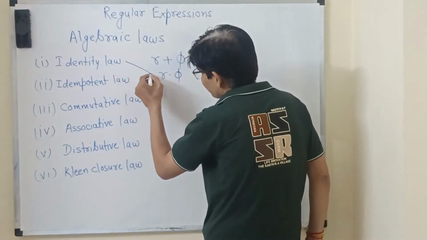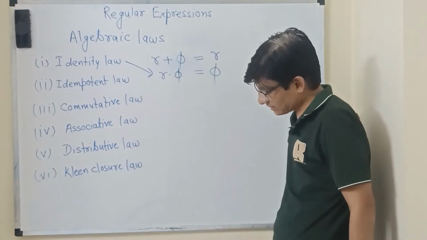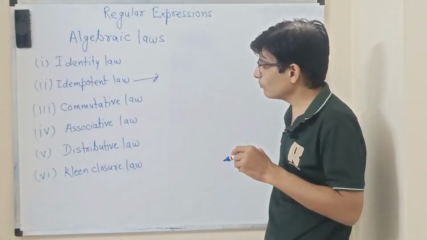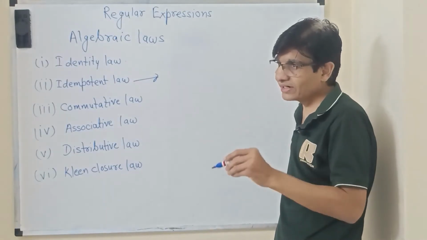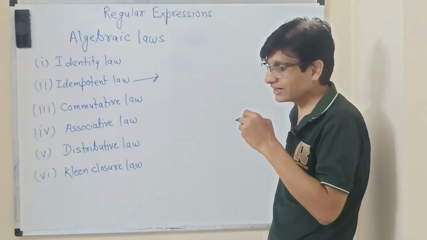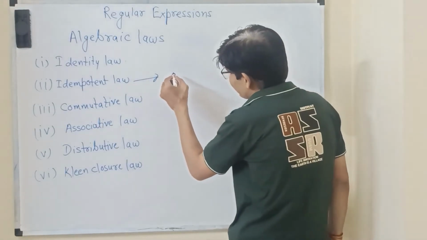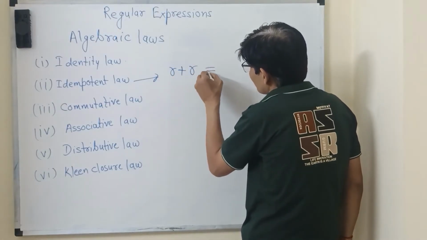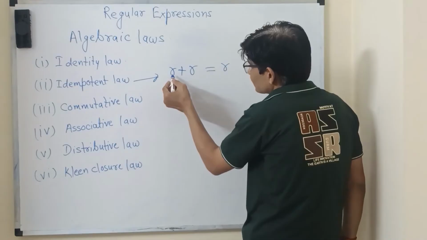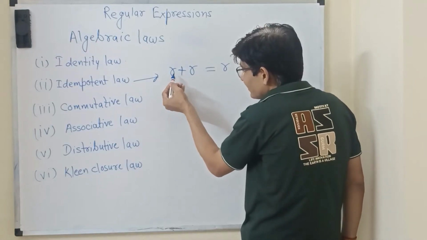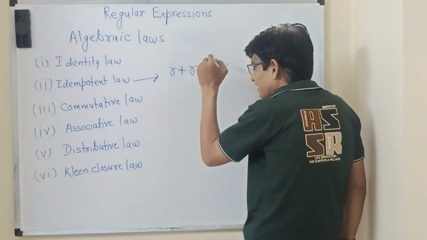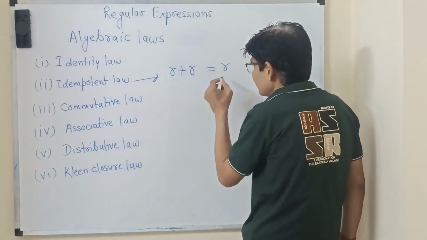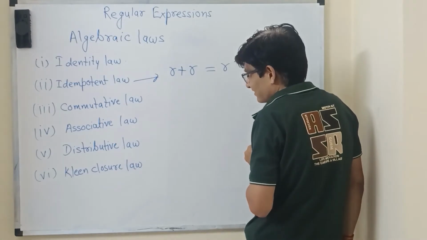Now we will discuss another law, the idempotent law. The idempotent law provides the combination of one regular expression with itself. You can see here R plus R will be equal to R itself, because we have two choices here. We can select R, or another choice is again R. Whichever choice we select, we will get R as the result.